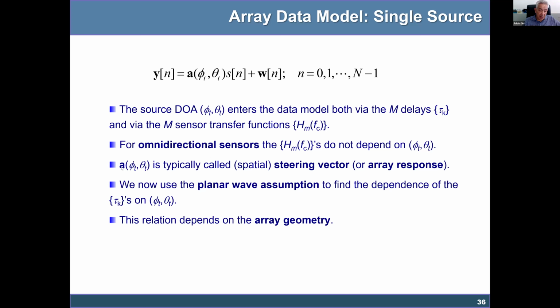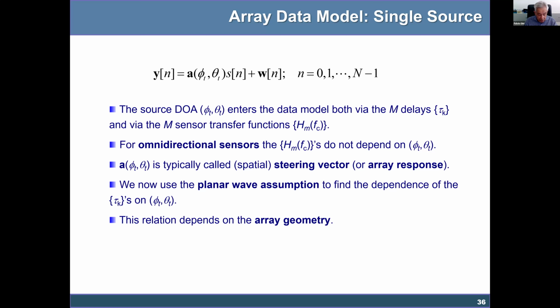So remember, A is typically called spatial steering vector, or sometimes array response. Now, how do we find the relationship between the direction of arrival and the delays? Because remember, at the end, we want to estimate the direction of arrival. But the dependency of the received signal on the direction of arrival passes through the tau k.